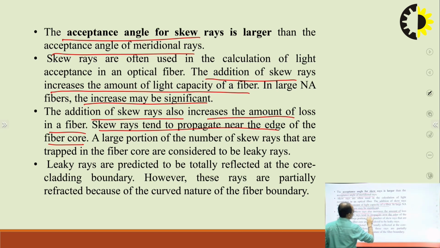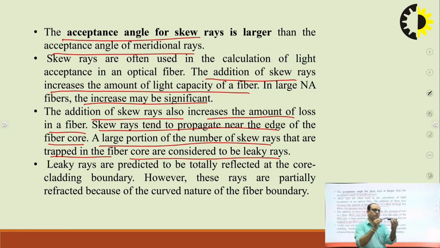So skew rays tend to propagate near the edge of the fiber, and a large portion of the number of skew rays that are trapped in a fiber are considered to be leaky rays when they travel along the boundary. This means the information contained in these rays can be leaked out from the core and cladding interface.